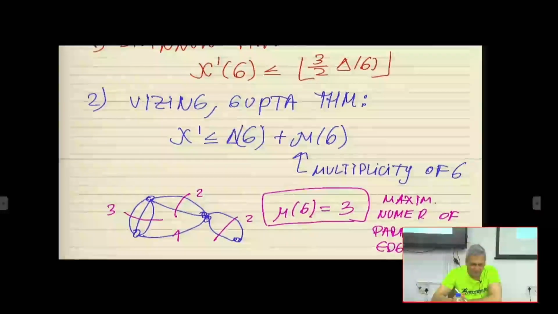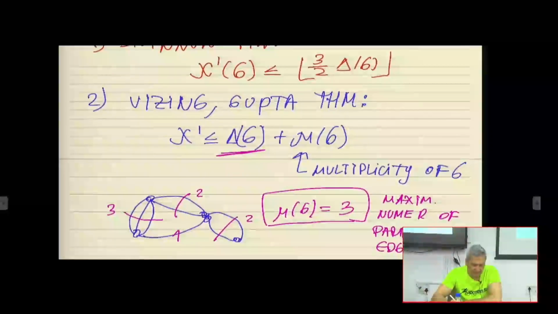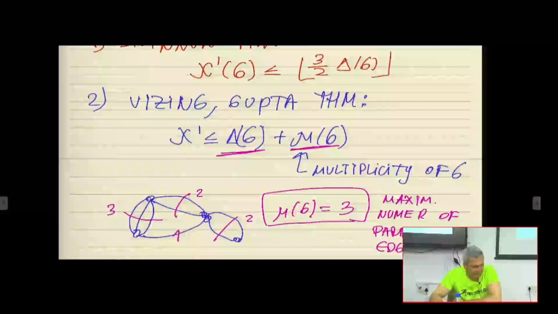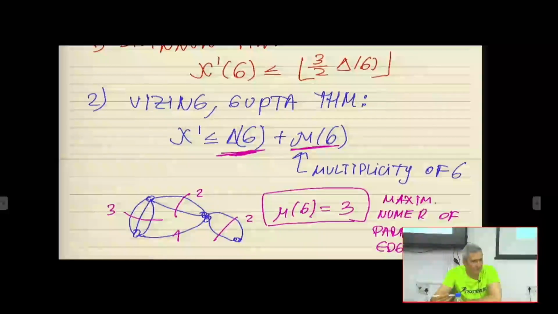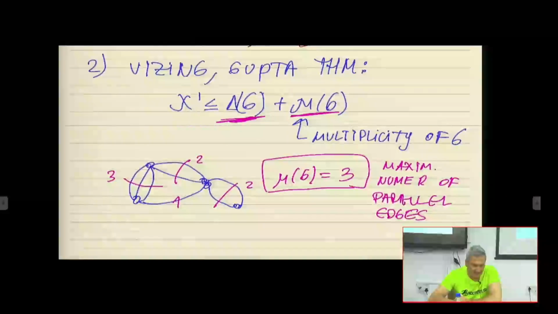So if we take the degree, and we take the multiplicity, and we count them together, then we get what we want. But even in the degree, we count the multiplicity of a vertex. Like, what will be the maximum degree here? Here it is 3, the multiplicity is 3.